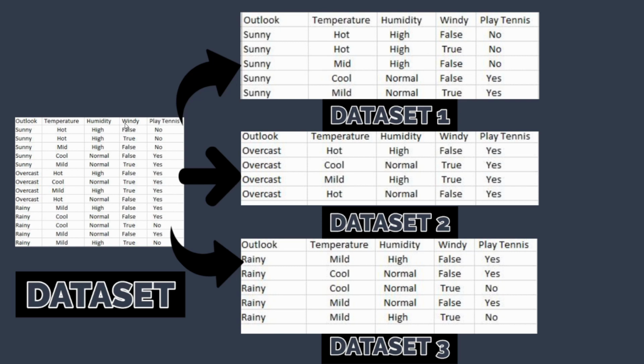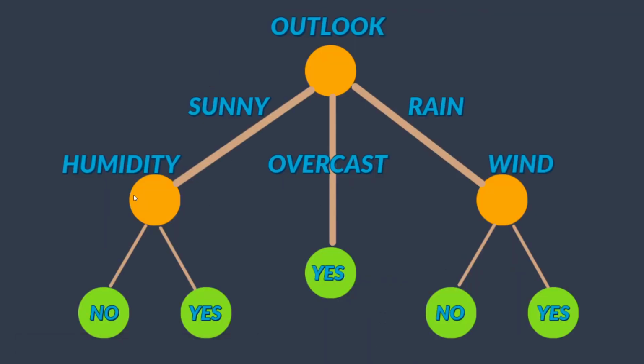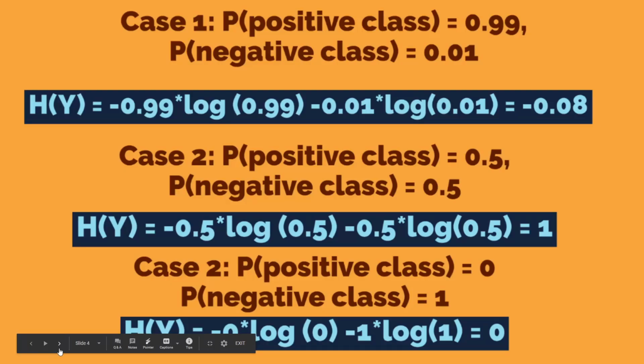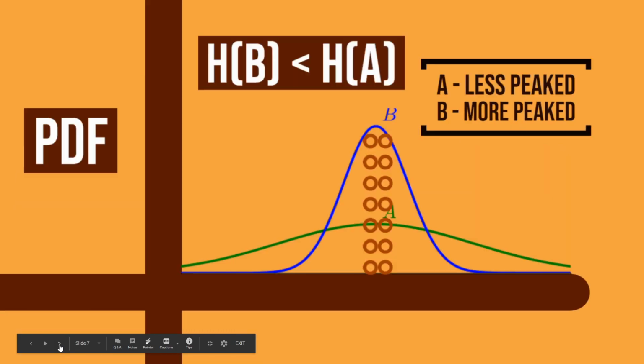If we split the dataset based on the outlook feature, then we know that before the split, we have an entropy value of 0.94. If we consider the weighted entropy of each of the 3 subsets that we have, so one subset is this, the other subset is this, and the third subset is this, you saw that we got a value of 0.69 as the weighted entropy, which we got by taking the average of these three entropies.